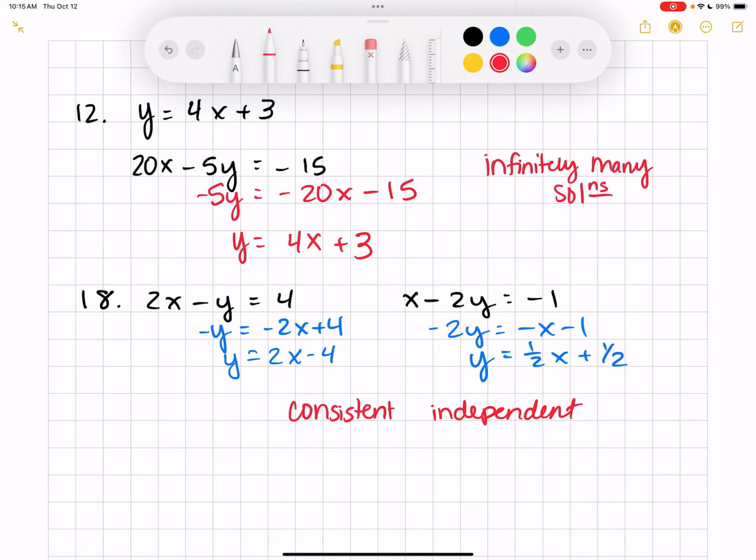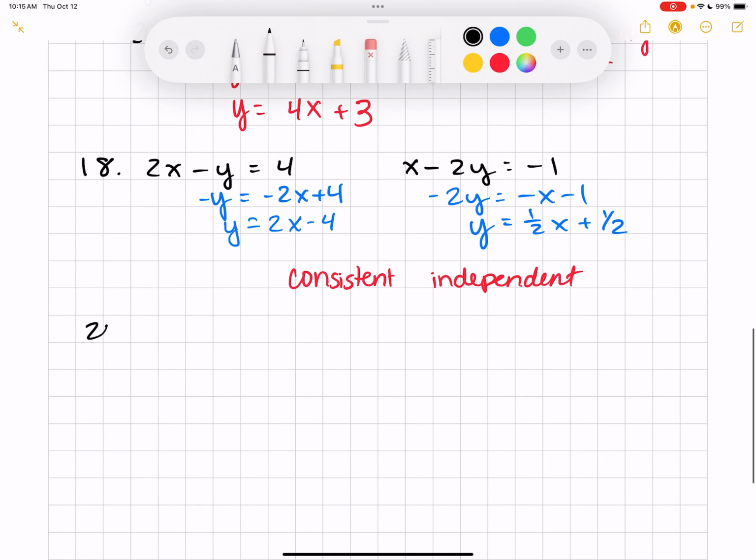Let's see. 20. We've got y equals 2x minus 1 and negative 6x plus 3y equals negative 3. All right, so the first one is already set up, so I just need to do the second one.